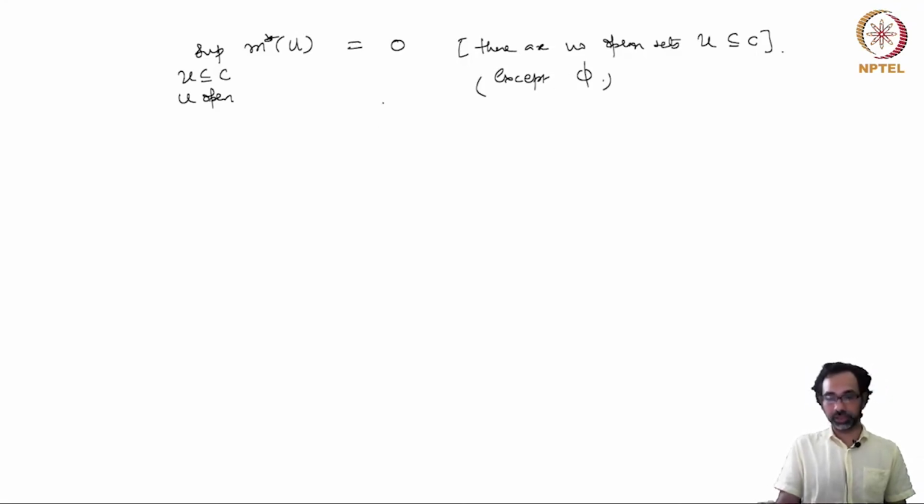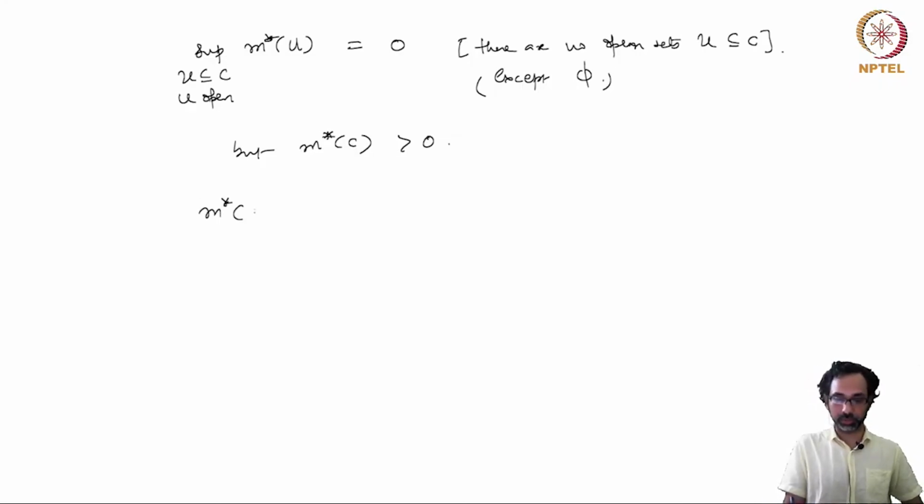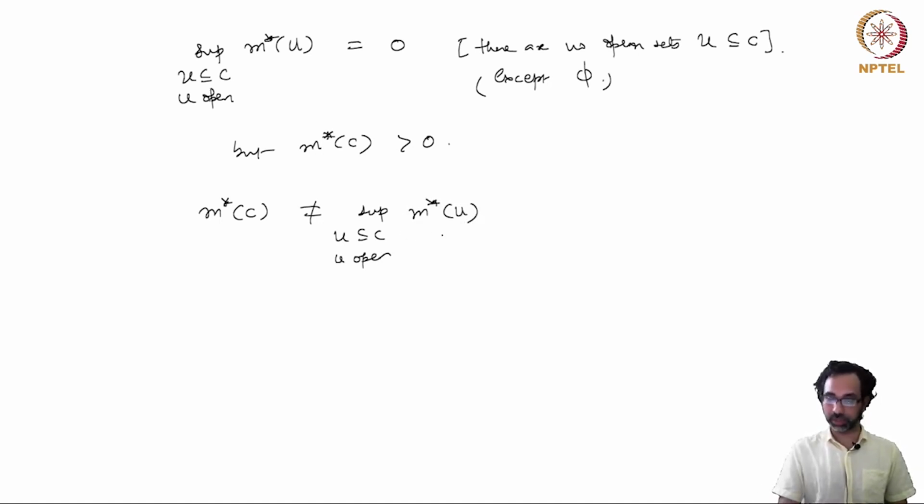So we will get 0 here, but m star of C is greater than 0. Therefore the formula does not hold. m star C is not equal to the supremum of the Lebesgue outer measures m star U of all open sets inside C.